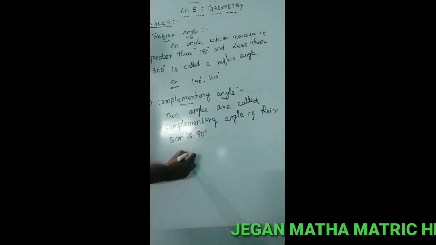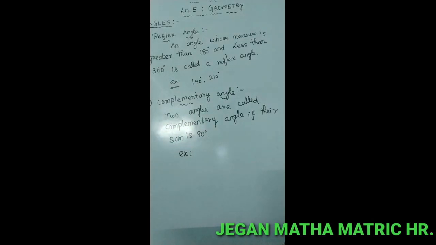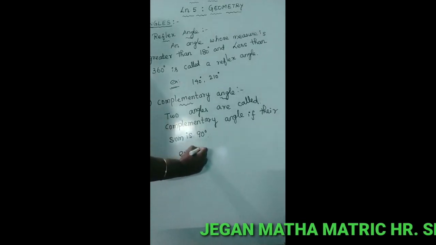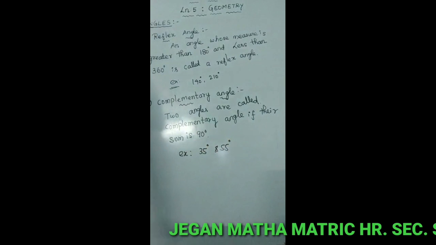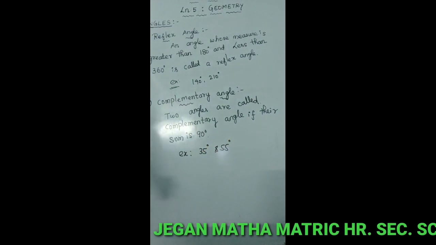For example, the pair of angles 35 degrees and 55 degrees are complementary to each other.